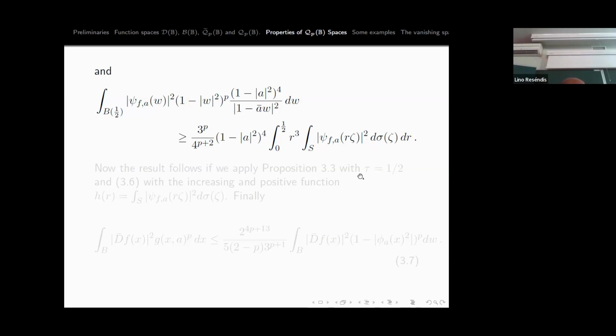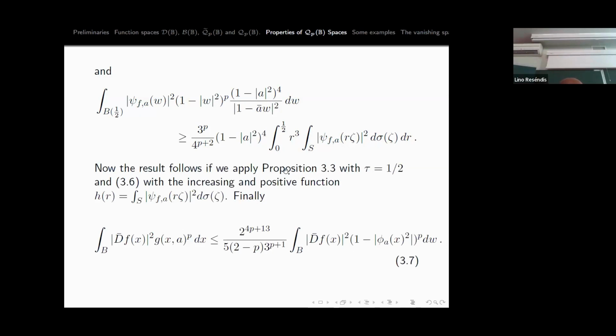Then it's possible to apply the result of our proposition 3.3, but we use it with tau equal 1/2, and we consider this increasing and positive function.